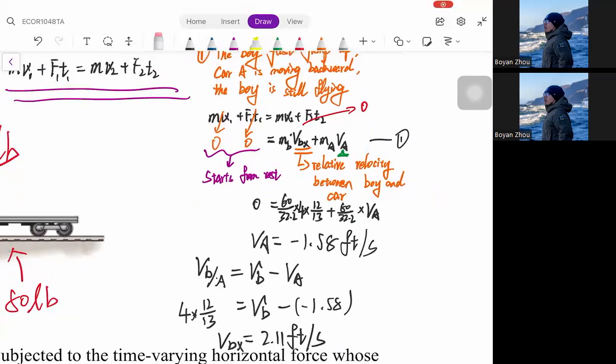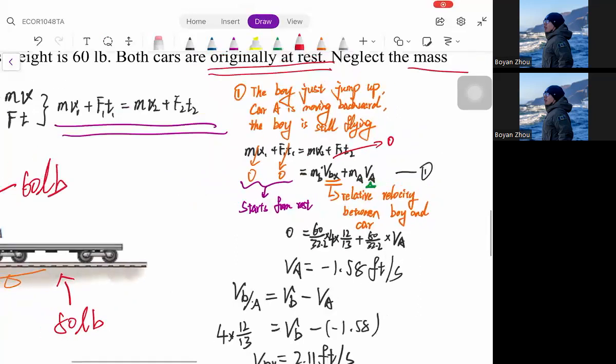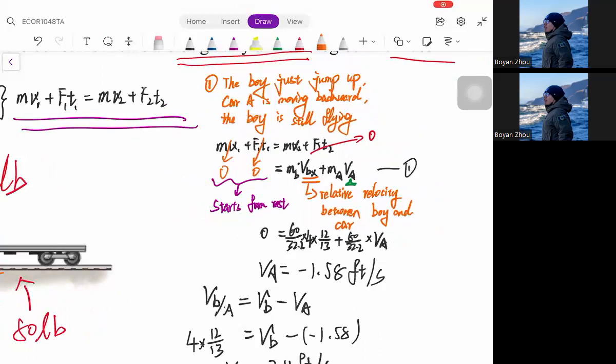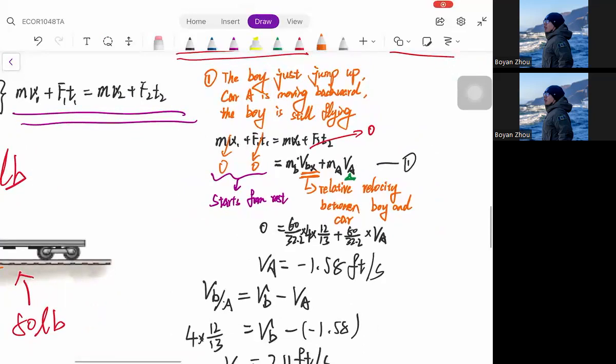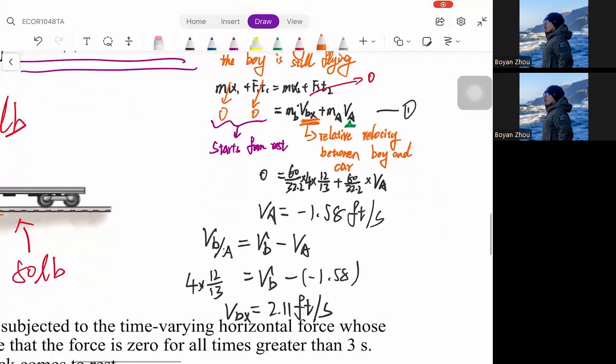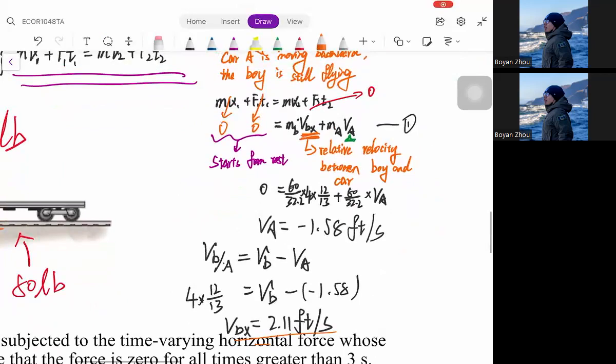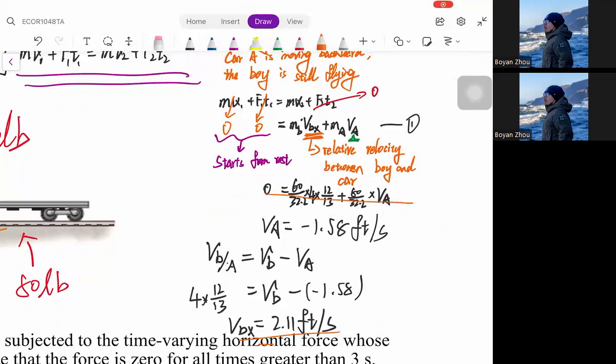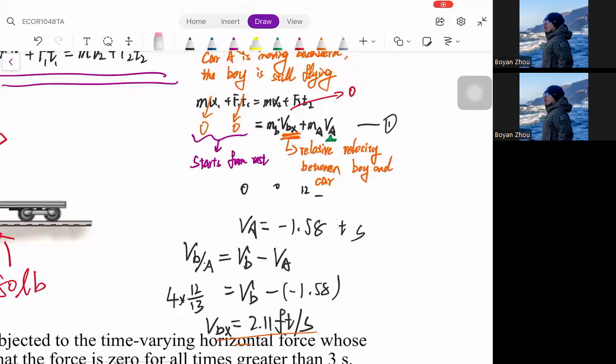In this equation, when we are using the balance of impulse and momentum, the velocity we put here should be the velocity relative to the ground. It shouldn't be a relative velocity. And if we keep going down, here we shouldn't have this equation for now. So essentially what we have is two equations like this.